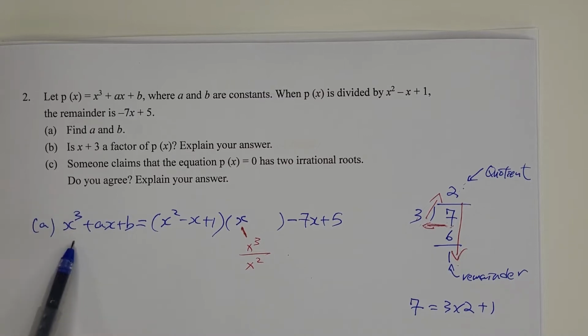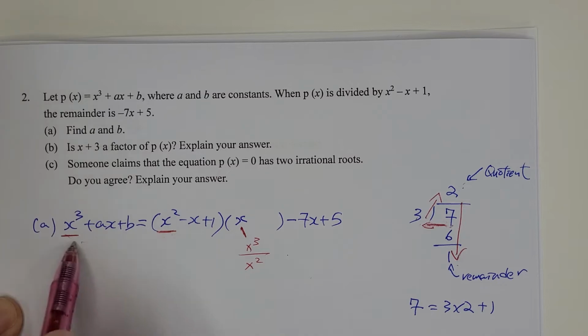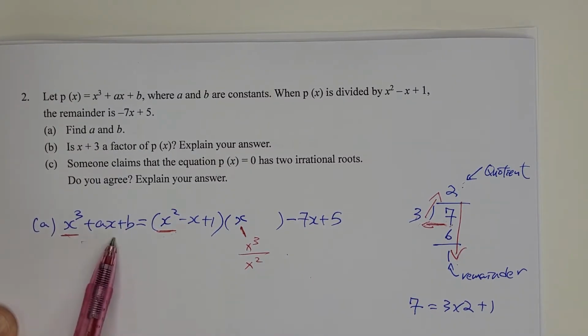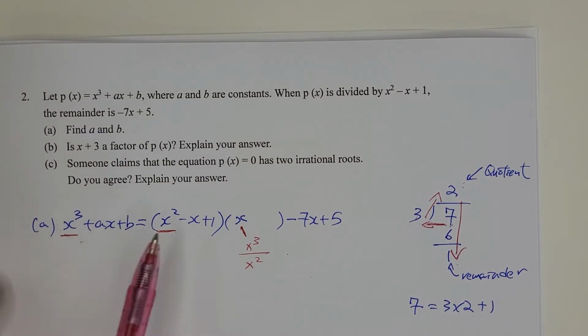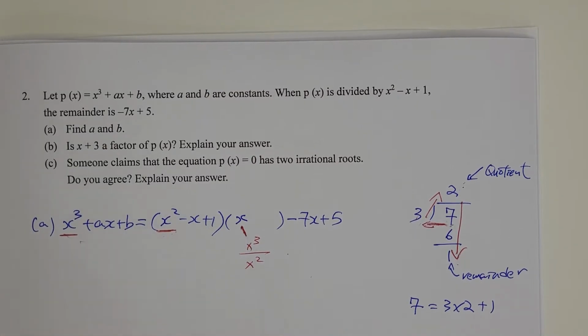Just do the division of the leading terms: the first term of the dividend, the original polynomial, and the first term of the divisor. Do the division and you get the first term of the quotient.